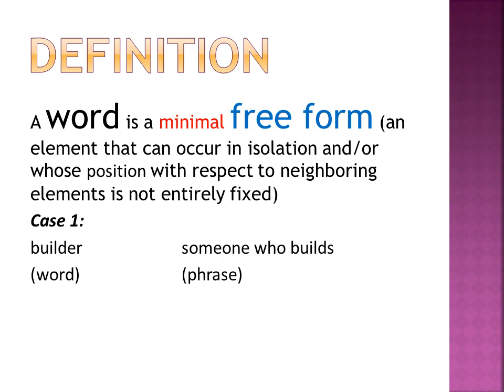Meanwhile, the suffix er here doesn't belong to free form or word because it cannot stand alone, or because it cannot occur in isolation. Okay, that is a word. Remember, a word is a free form that can stand alone, can occur in isolation. Without something, it can stand alone.